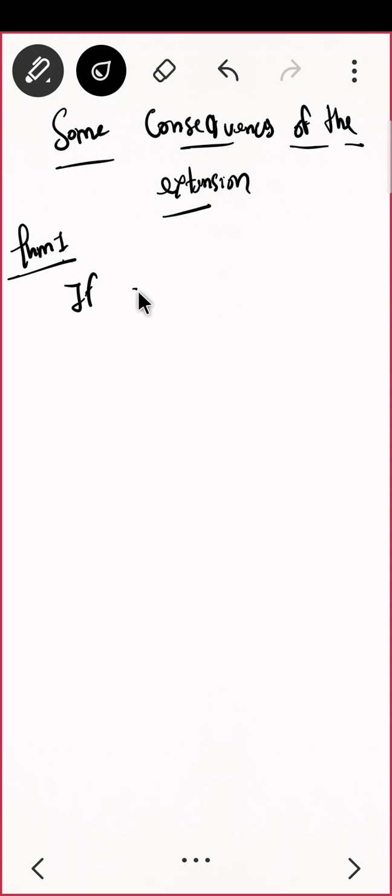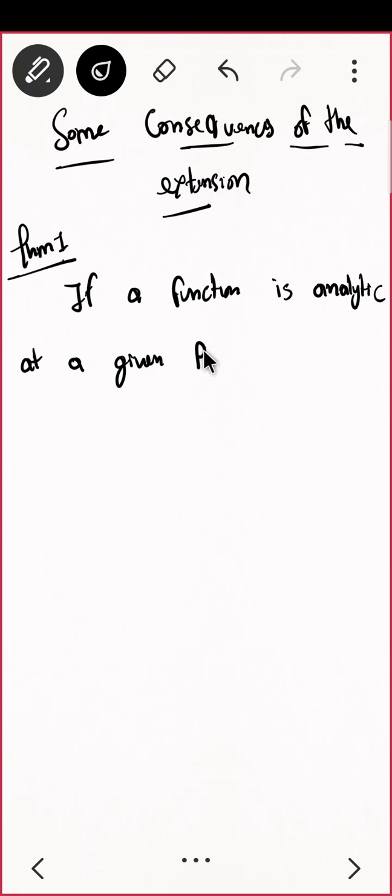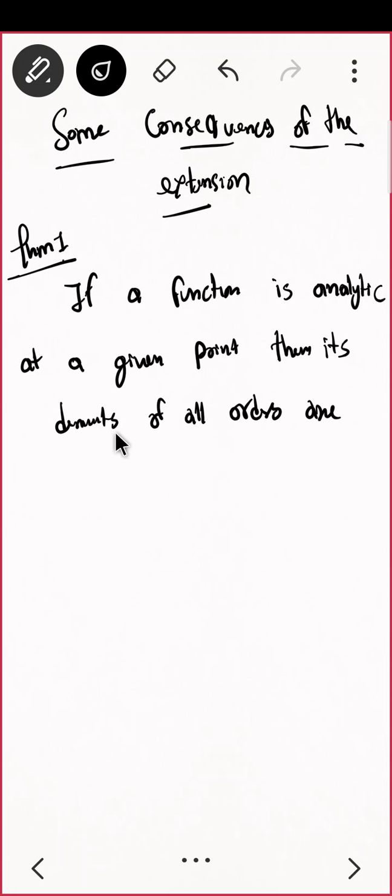If a function is analytic at a given point, then its derivatives of all orders are analytic there too. Analytic there too.